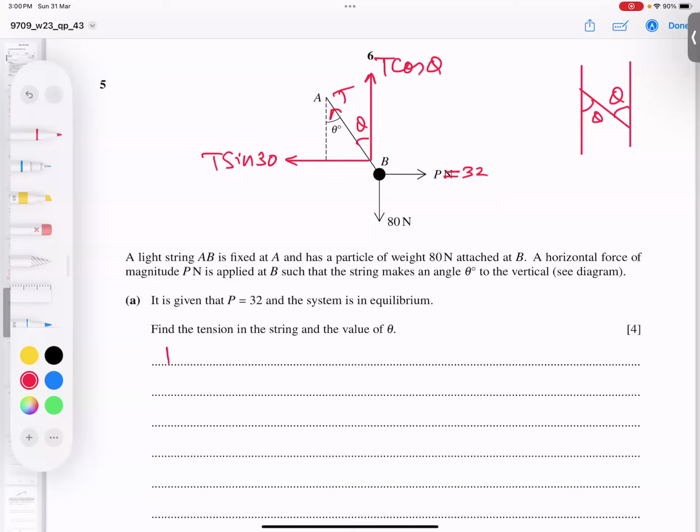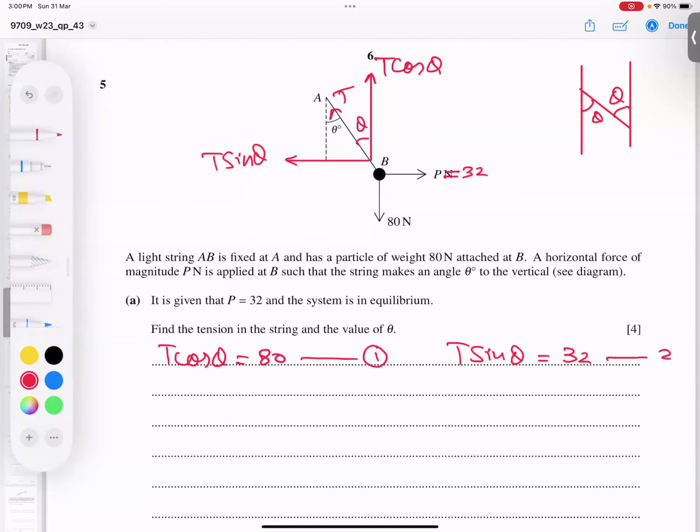So I'm writing T cos theta equals 80, equation number 1. And T sin theta, sorry, not 30, theta, equals 32, because this force equals this force. This acting left side, this acting right side, balanced.